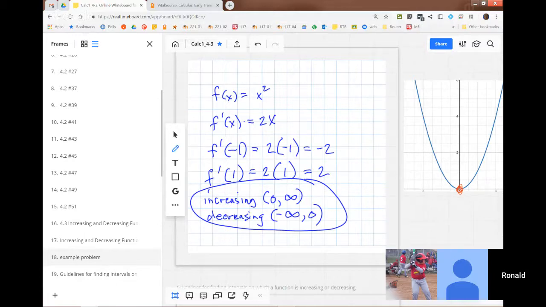When you're to the left of 0, for example -1, then the derivative is negative, which tells me the function from -infinity up to 0 is decreasing. And when you take a point to the right of our dividing line, f prime of +1, you get a positive. So from 0 to infinity, this thing is forever increasing.